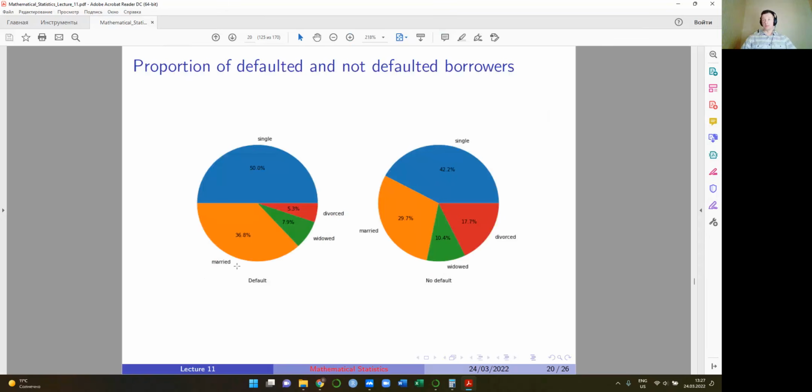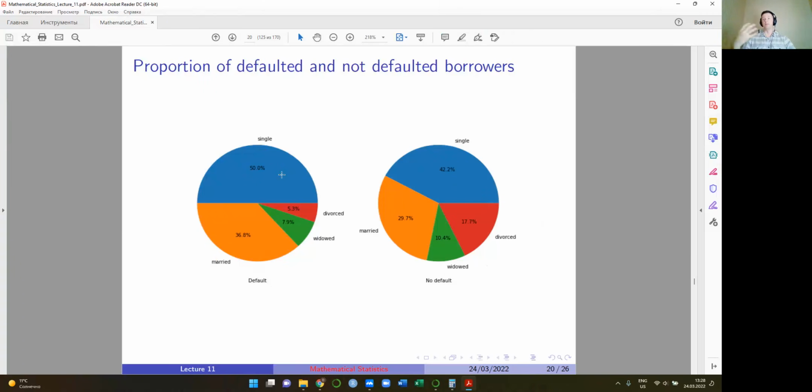We can also make some visualization of this data, and we can see that the fraction of single borrowers among those who defaulted on their loans is 50%.